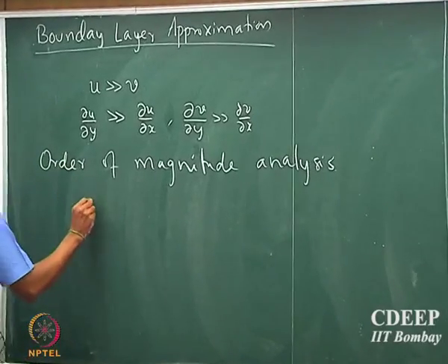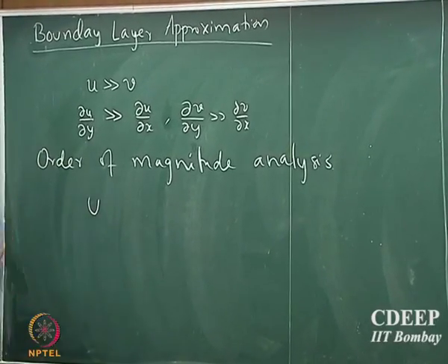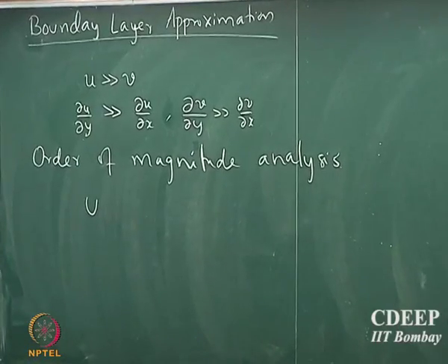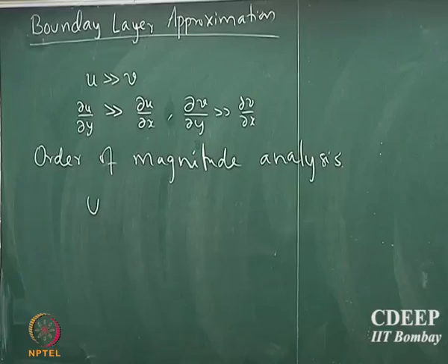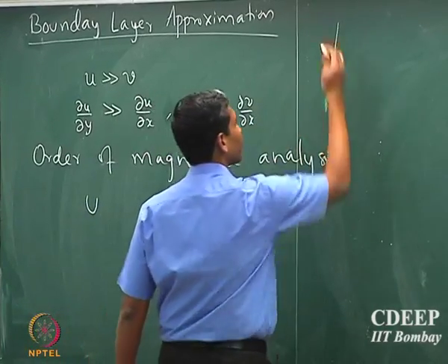Alright, so suppose we say that the free stream velocity is u, that's the velocity of the fluid outside the boundary layer.